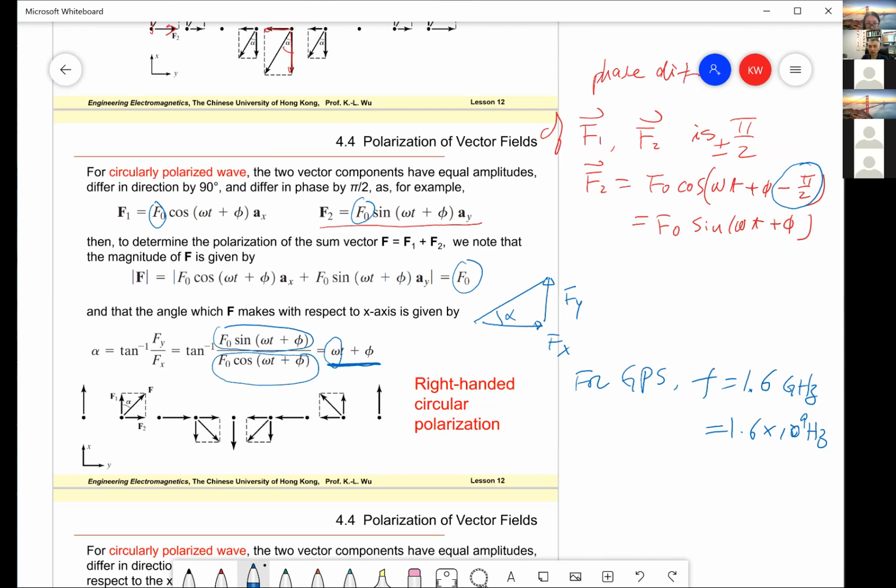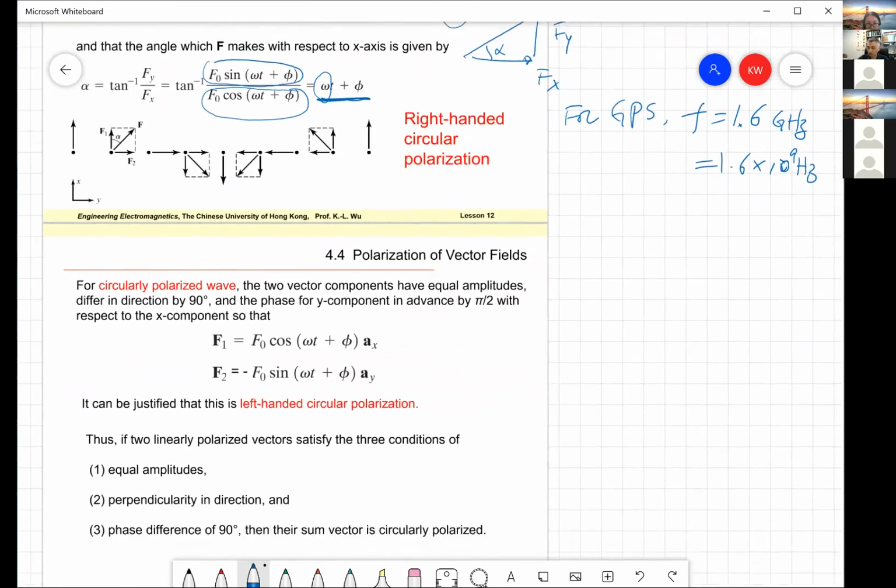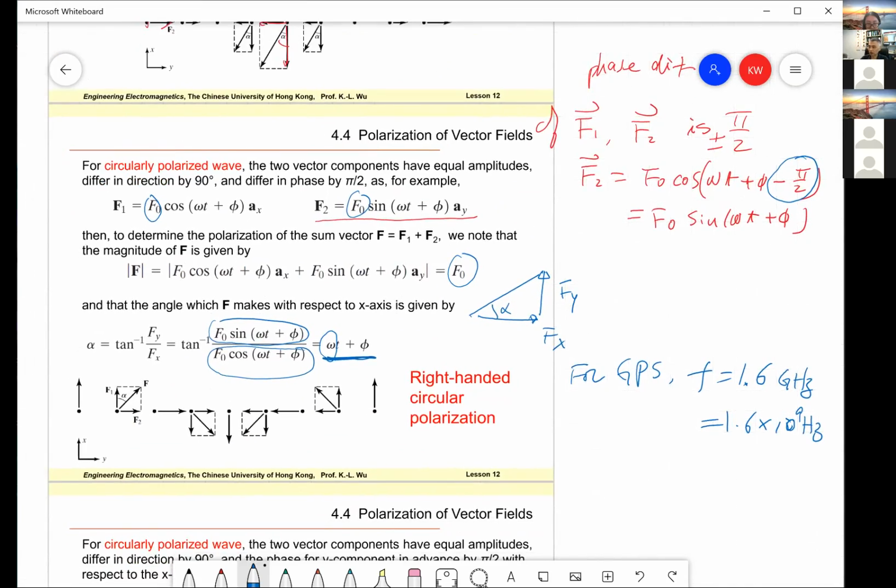Because of the rotation of the electrical field, if the wave propagates in that direction and the rotation is in this direction, then we use the right hand rule: the thumb points to the wave propagation direction.